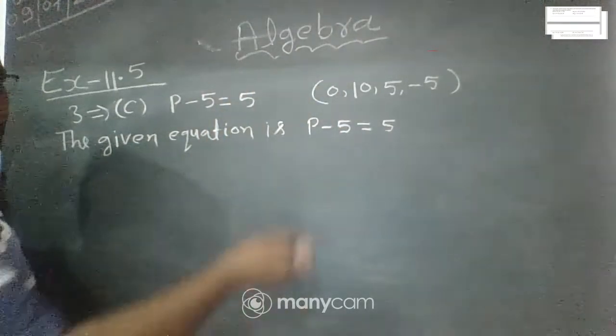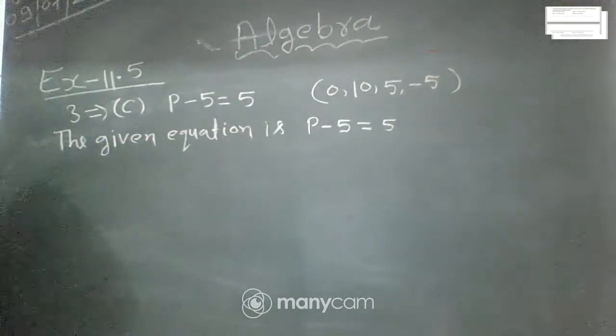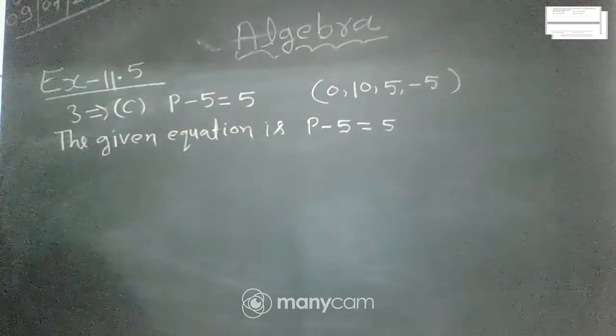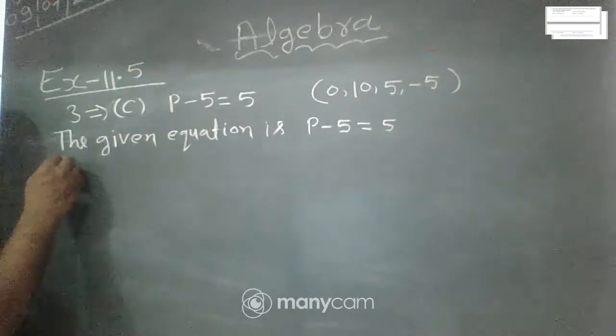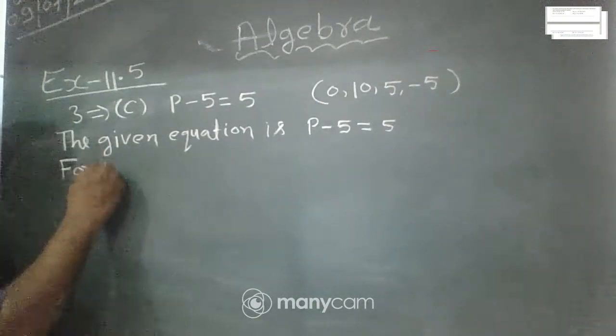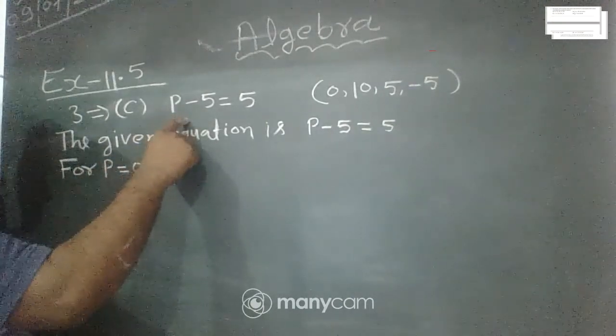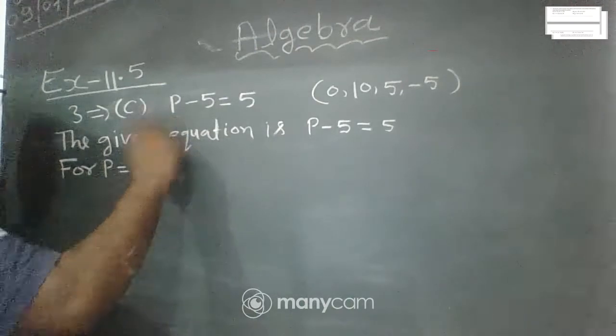So first we take the value of p as 0, and solve this equation. So for p is equal to 0, we take the left hand side and put the value of p as 0.